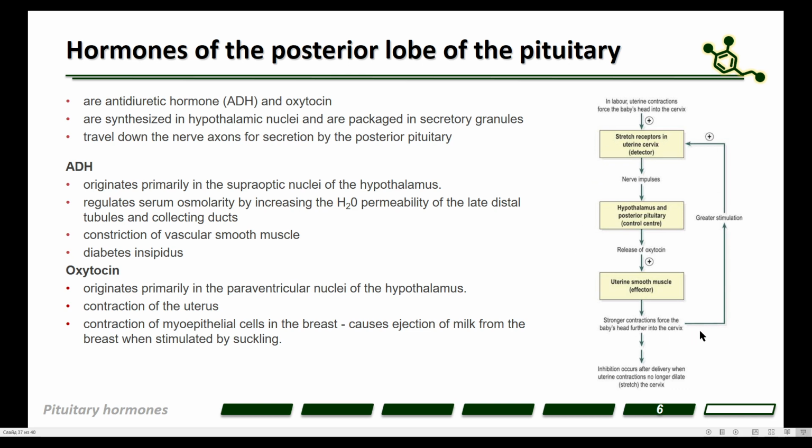So this is an example of positive feedback, when you have amplification of the effect. The stronger the contraction becomes, the more oxytocin is produced, the stronger the contraction will be, and it will keep on going like that until the baby is born. That's the only thing which can stop this loop from happening.